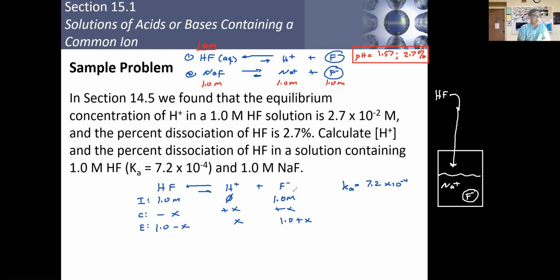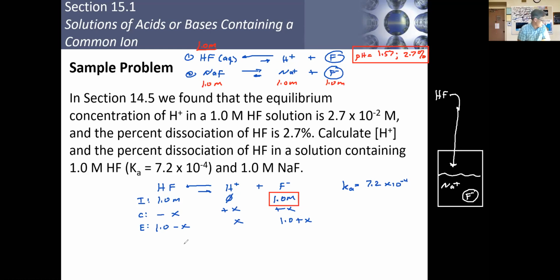We now have a common ion, and that common ion must be expressed in the initial concentration. So do not forget that, you guys. The amount of the common ion that we have has to be written in there initially, whereas before we did not have to include it.